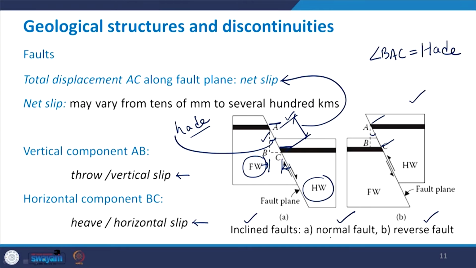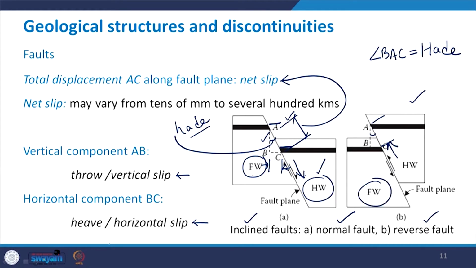So, first focus on the normal fault. In this case, the hanging wall appears to have moved relatively downwards as compared to foot wall. Whereas, in the reverse fault, it is the other way round, that is this hanging wall appears to move upward as compared to this foot wall.